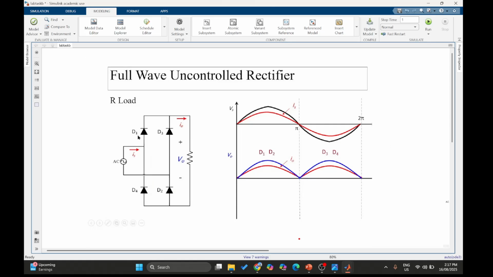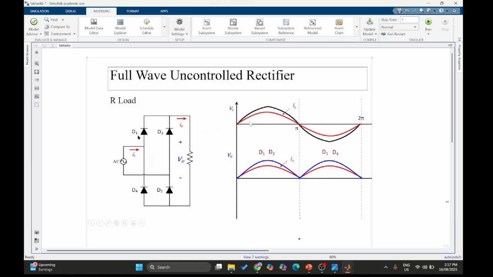So during the positive half cycle of the voltage, diode 1 and diode 2 are forward biased, and diode 4 and diode 3 are reverse biased.